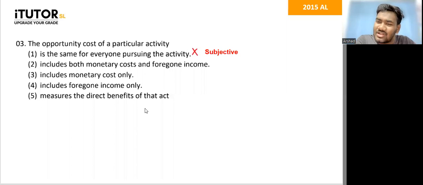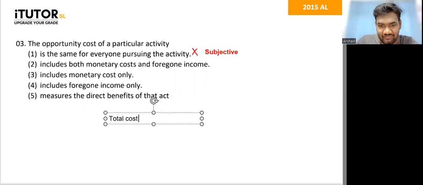What was the opportunity cost? What was inside that? Was it only indirect cost or was it direct and indirect both? When we said in unit number 4, when we said total cost, what did we mean? We said total opportunity cost.